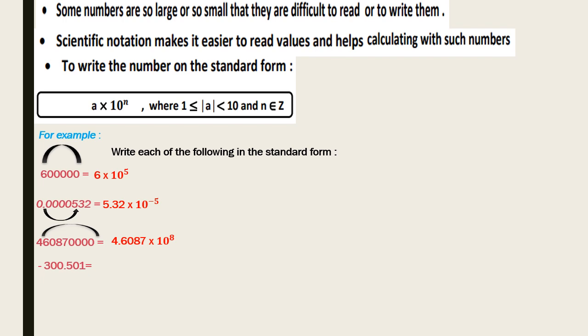We have a negative number, negative 300.501. You must move the decimal point between 3 and 0. It will be negative 3.00501 times 10, and we move 2 steps to the left, so the power will be positive 2.